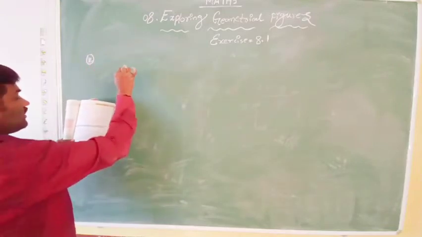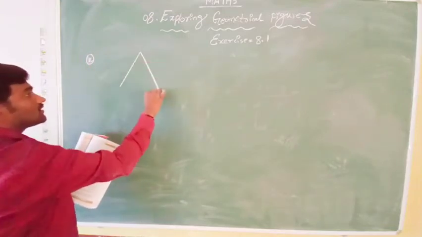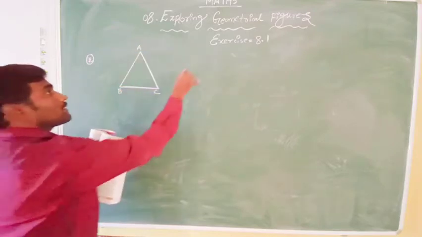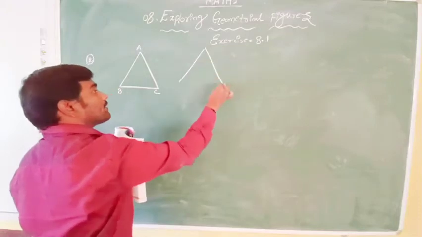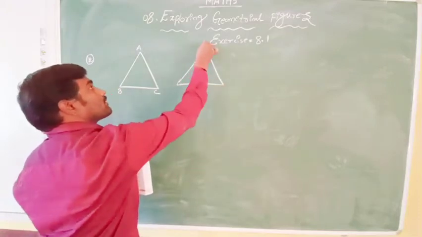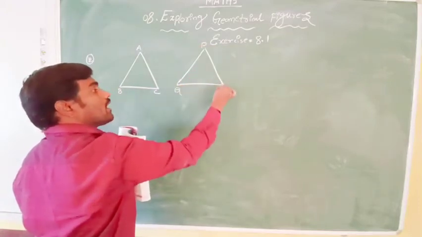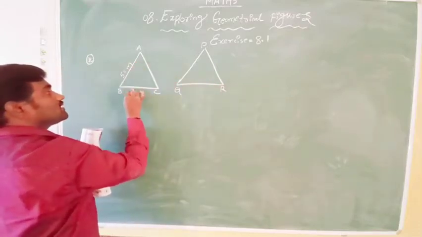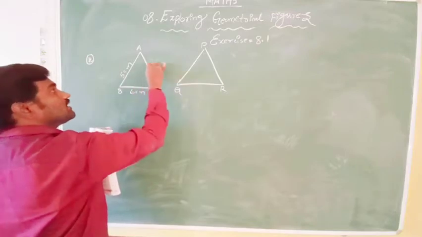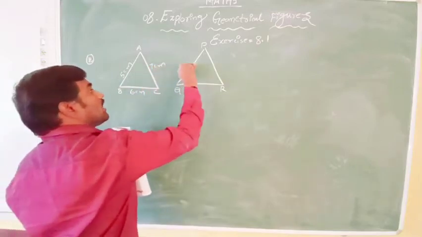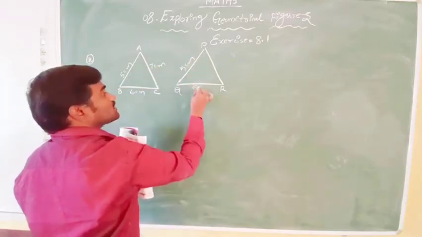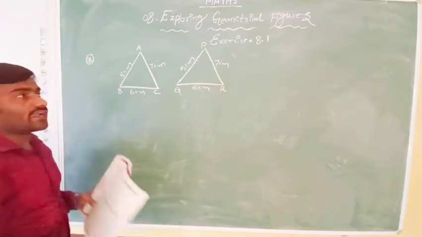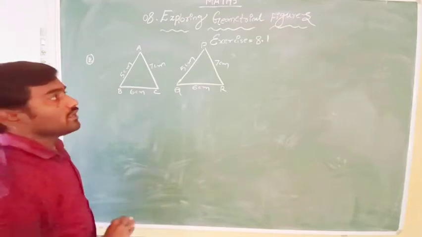Draw two congruent figures. I will draw the two congruent figures here. I will draw ABC and PQR. Here AB equal to 5 centimeter, BC equal to, suppose, 6 centimeter, AC equal to, suppose, 7 centimeter. I will take the same measurements because they should be the same size and same shape. Then only we can say that triangle ABC is congruent to triangle PQR.